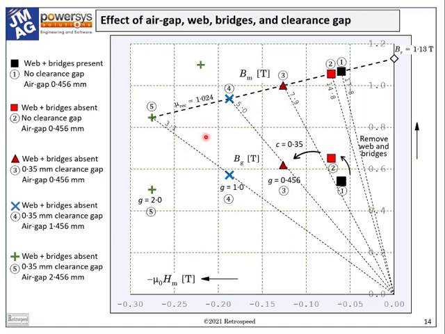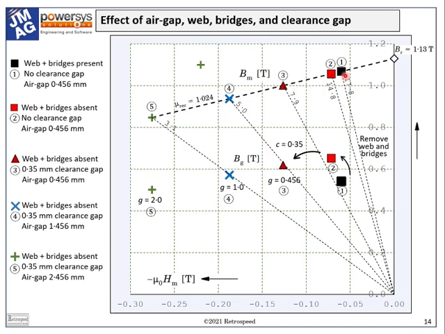So I have 5 cases to consider. The first one, case 1, has the web and both bridges present. And for good measure, I have also closed up the clearance gap by replacing that 0.35mm layer with steel.